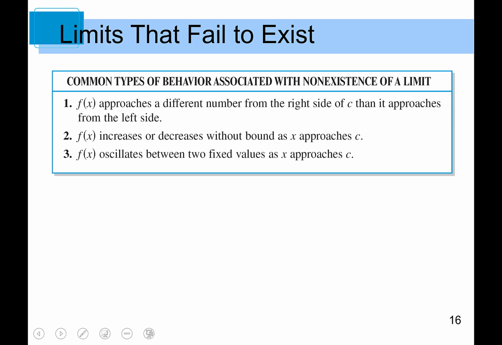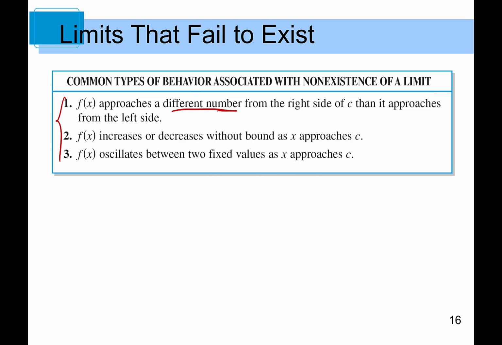So there are three common types of behavior associated with non-existence of a limit. The first one is f of x approaches a different number from the right-hand side of c than it approaches from the left-hand side. The previous example matches exactly with this one. Meaning the left-hand behavior is different from the right-hand behavior.